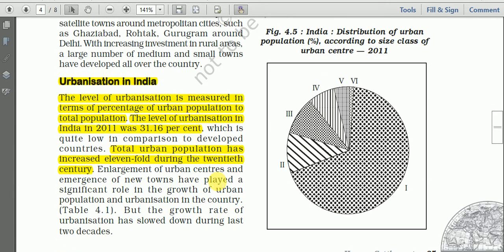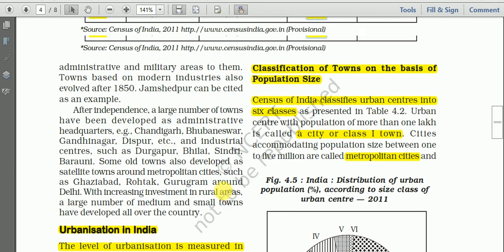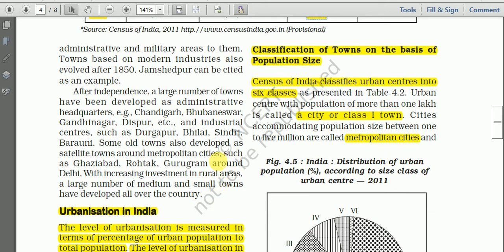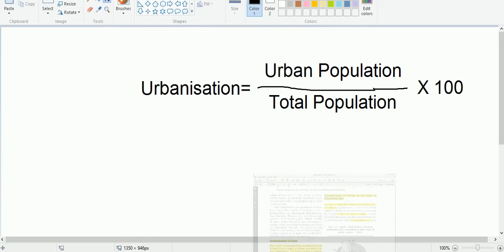So this is about urbanization, and we have known some important features of urbanization. Then the next important topic is classification of towns on the basis of population size, types of towns on the basis of population size.